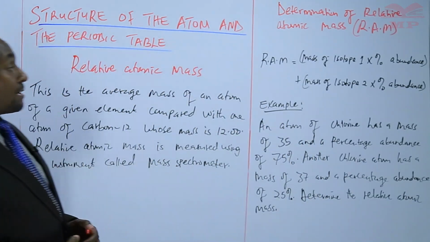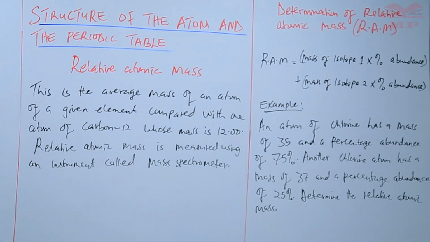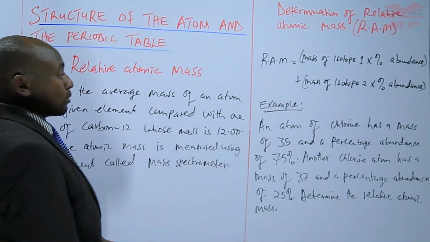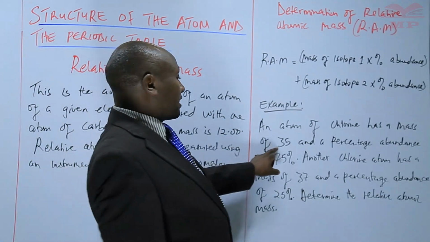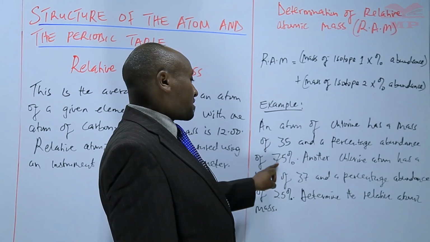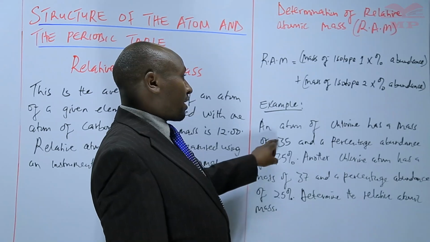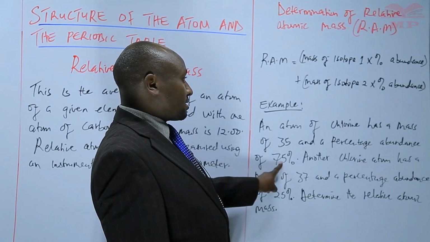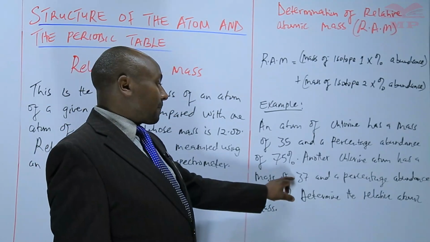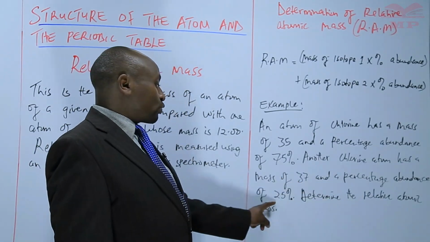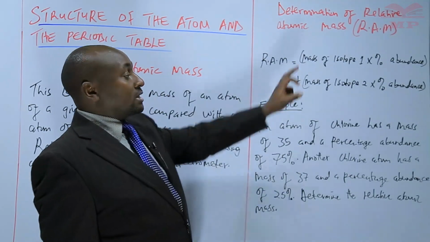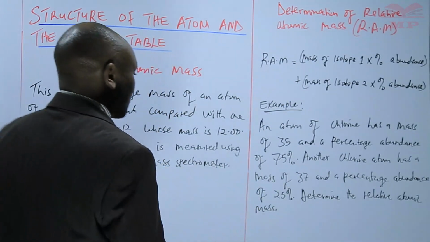So we are given an example there whereby we are required to use the formula that is given. An atom of chlorine has a mass of 35. That is the mass of one atom. The percentage abundance is 75%. That is the mass of isotope 1 times the percentage abundance. Another chlorine atom has a mass of 37 and a percentage abundance of 25%. Then you are supposed to use the formula to determine the relative atomic mass.